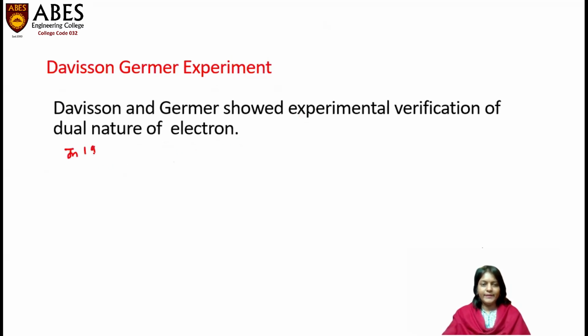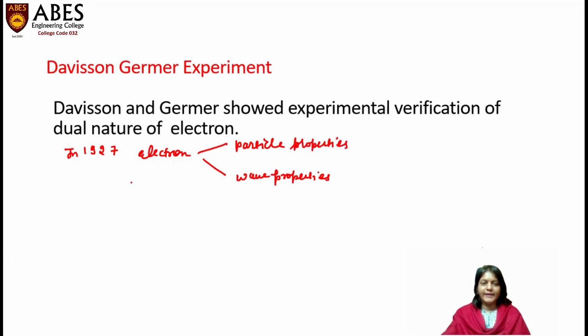In 1926, Davisson and Germer experimentally showed that electrons have particle properties as well as wave properties. And they experimentally confirmed both natures of the electron.